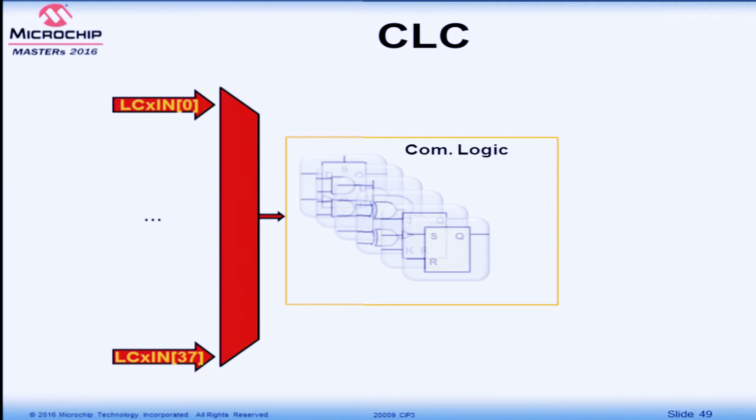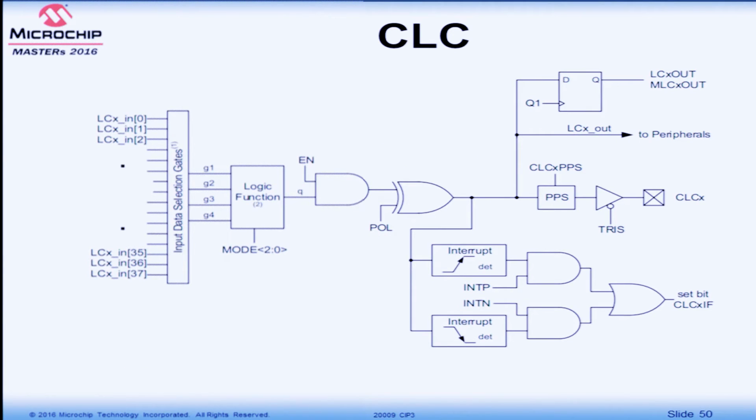We have, as we mentioned before, you can choose from one of the 8 logic components, and for the input of them, you actually have in total 38 different input selections that you can choose from. And the inside of this, don't be scared by this part. This part is just the output, latches, and interrupt generation, so we don't care about those.